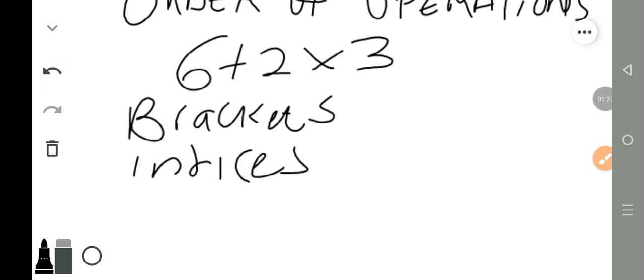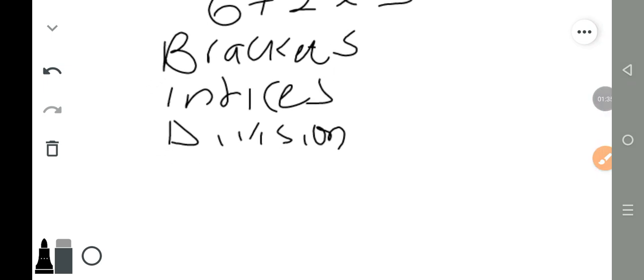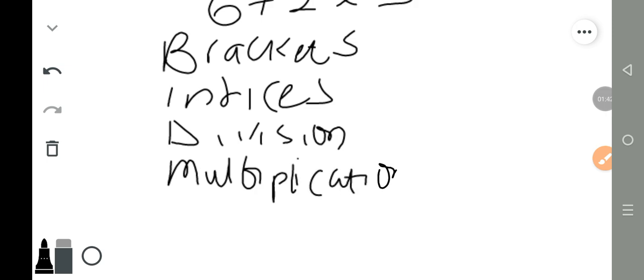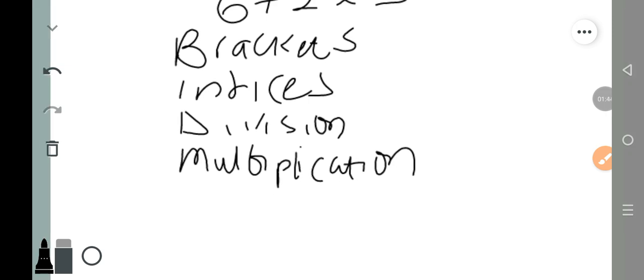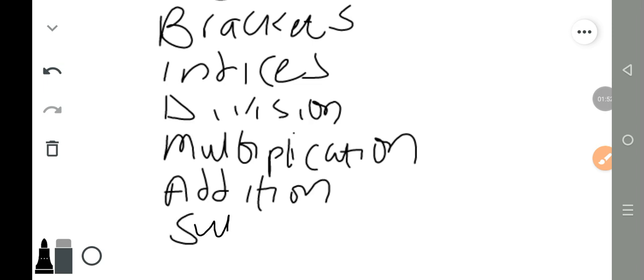The next thing guiding it is division, and then you have multiplication, then finally addition, and then subtraction.